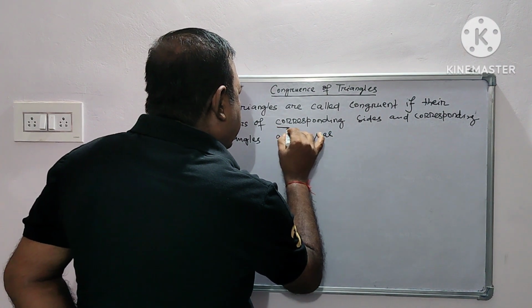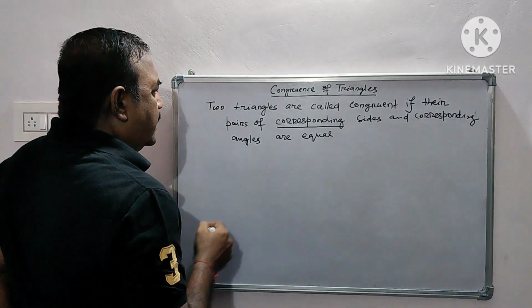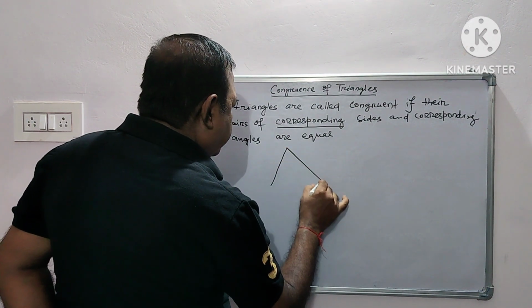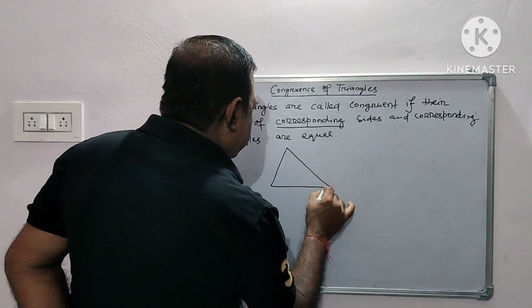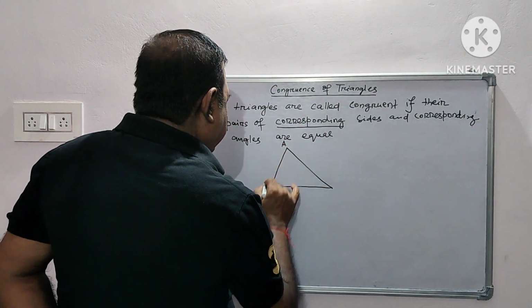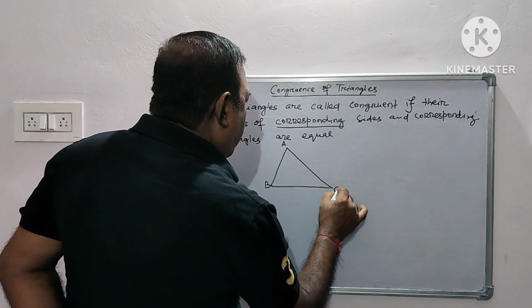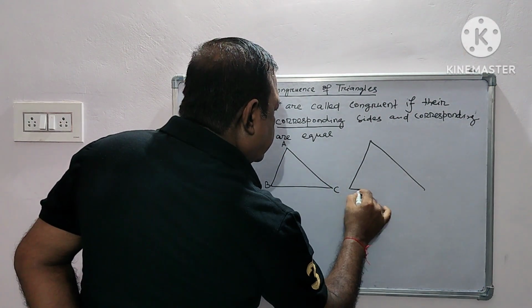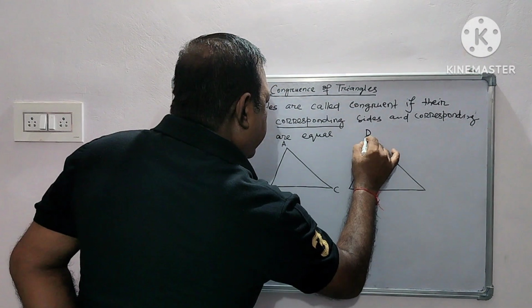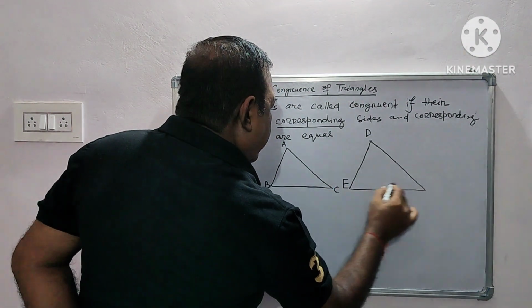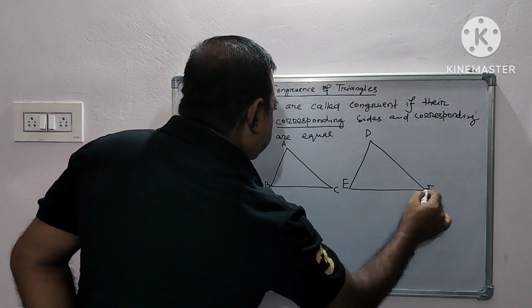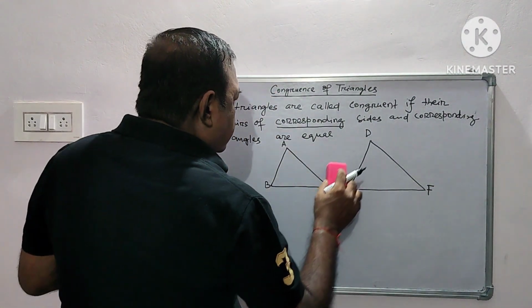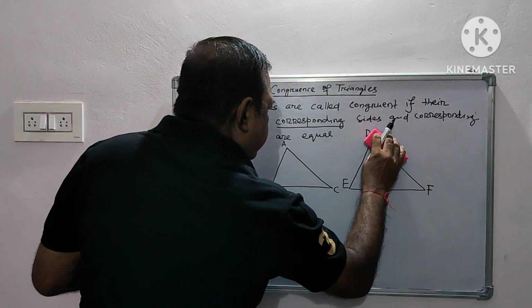So you see corresponding sides. Let us draw two triangles, ABC and DEF. Suppose the second is a little bit greater in size.